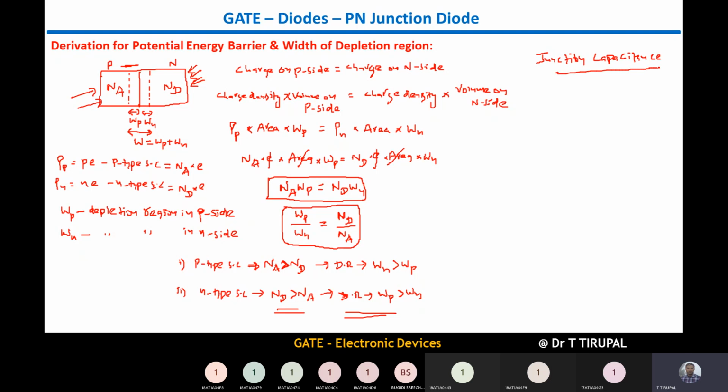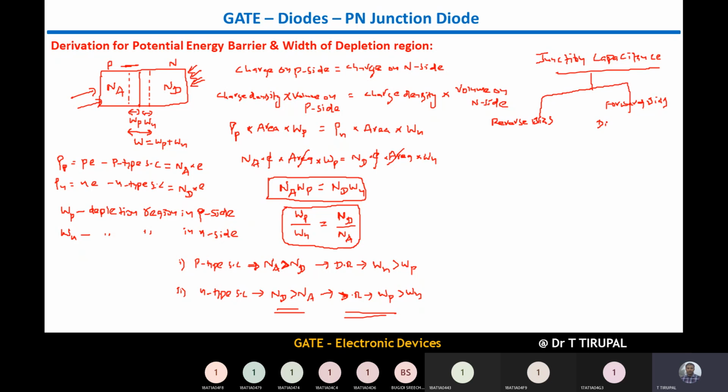Junction capacitance is divided into two types. One is diffusion capacitance, which is observed in forward bias, and the other is observed in reverse bias.